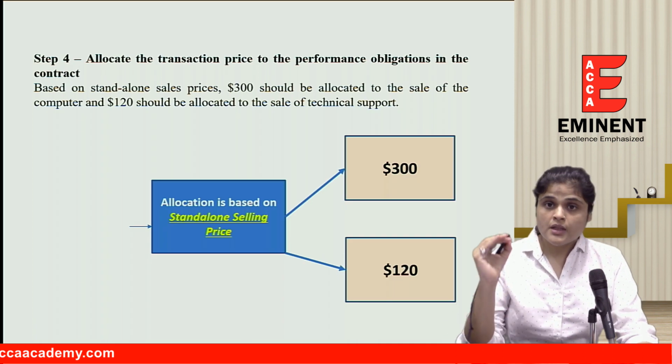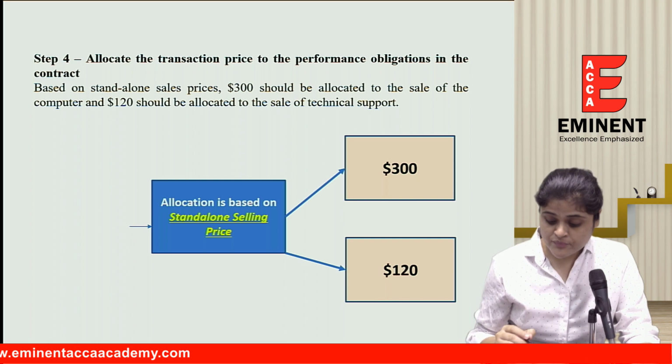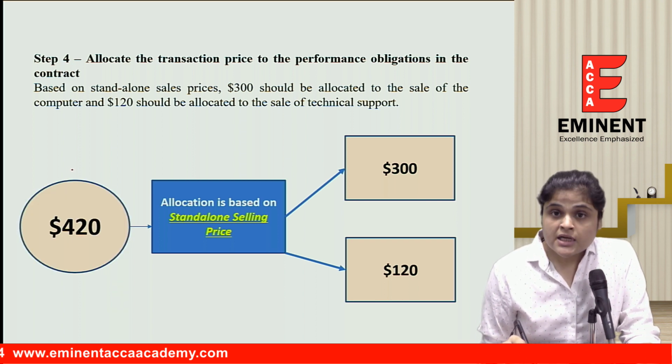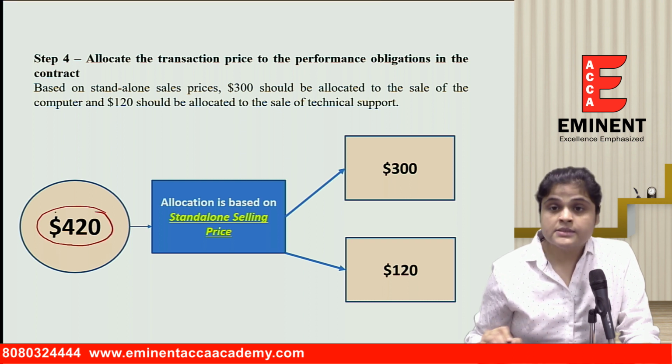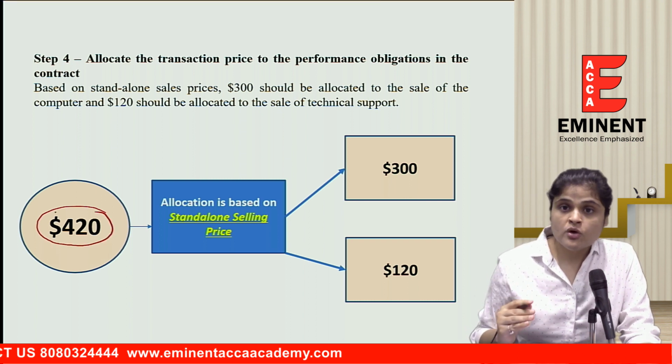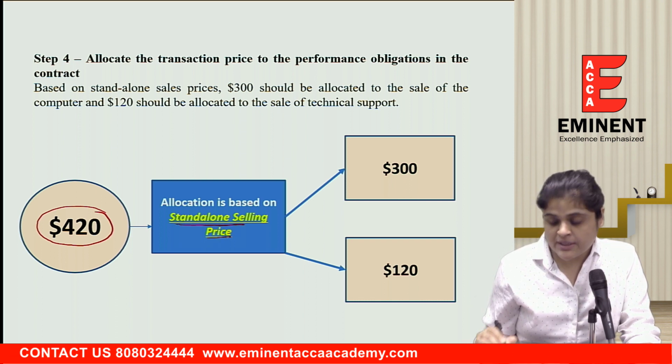Step number 4. Now we have to allocate the transaction price. So what is happening here? When the customer will pay $420, then based on their actual market price, which is also called stand-alone selling price.